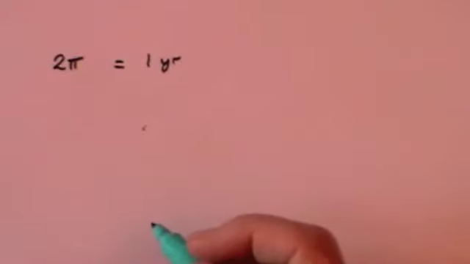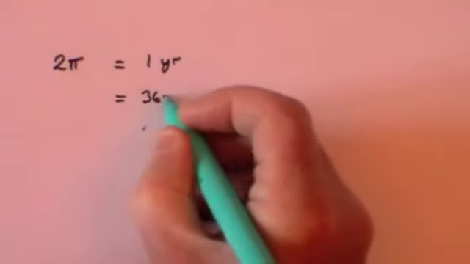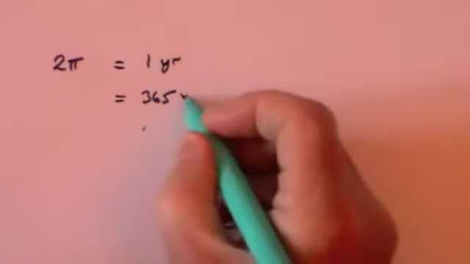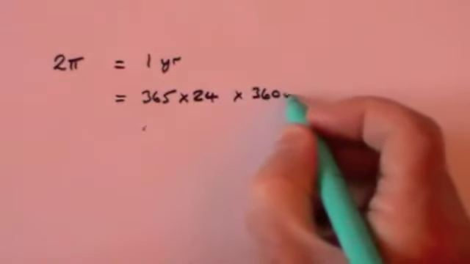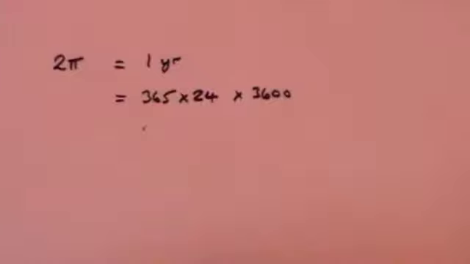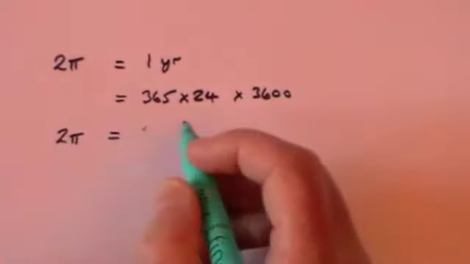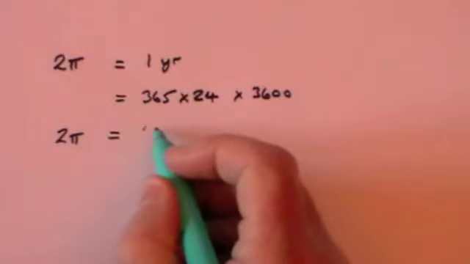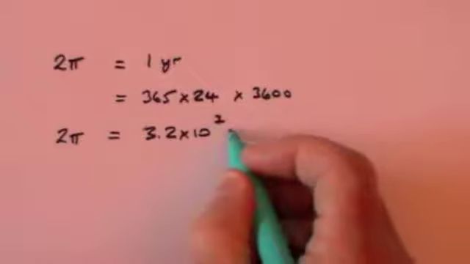But actually this should be expressed in seconds, and 1 year is 365 days times 24 hours in each day times 3,600 seconds in every hour. And so now you get that the Earth does 2 pi radians in every 3.2 times 10 to the 7 seconds.